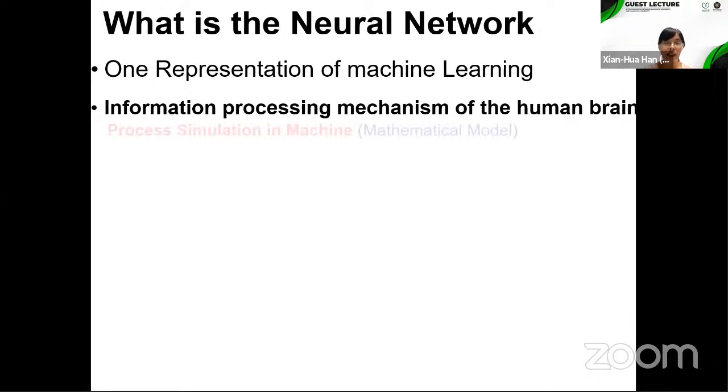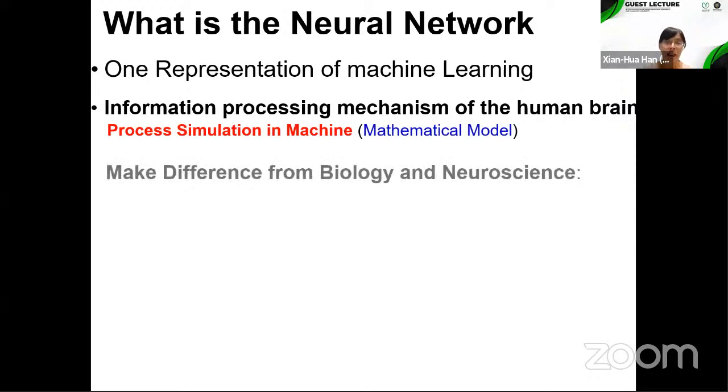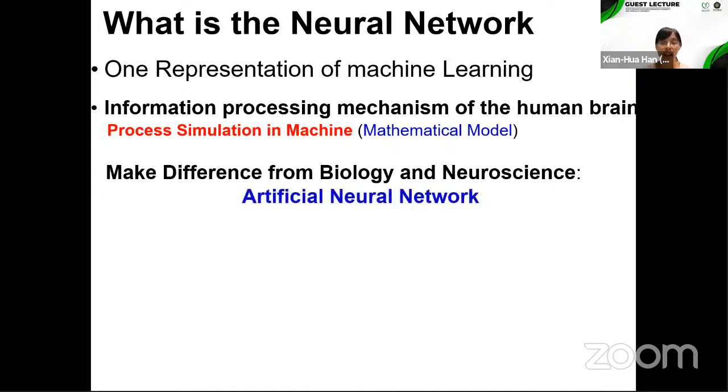Neural network simulates this information processing procedure using a machine. So in order to differentiate from biology and neuroscience, it is usually called an artificial neural network.